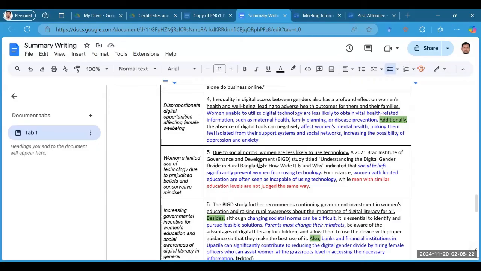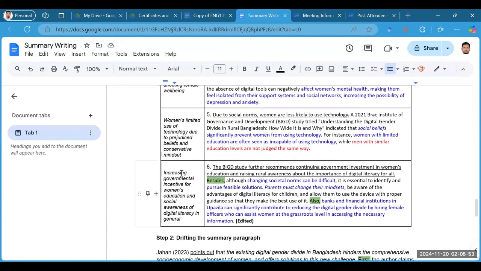That means because of society's outlook or attitude, women actually use less digital technology, and all sorts of technology actually, not only digital. All right, so I have written women's limited use of technology because of prejudiced beliefs and conservative mindset of the society, which is basically responsible for this.